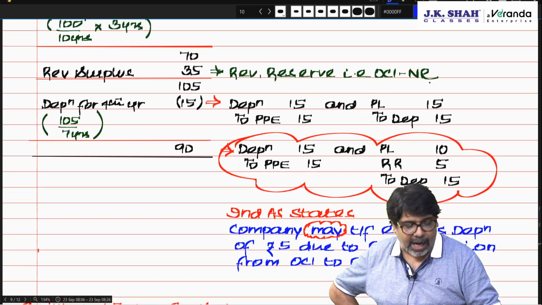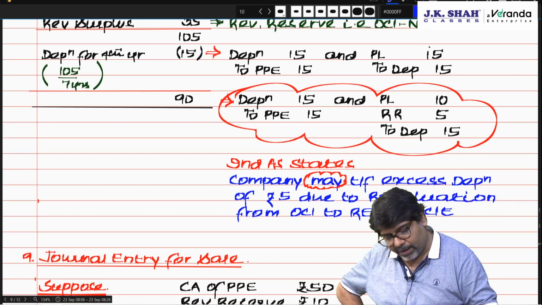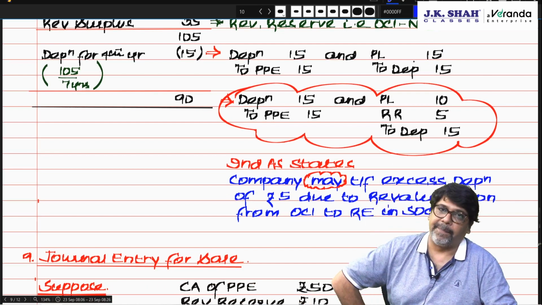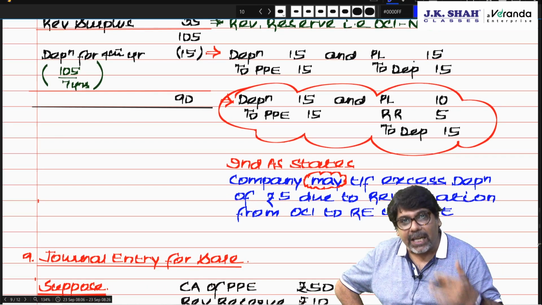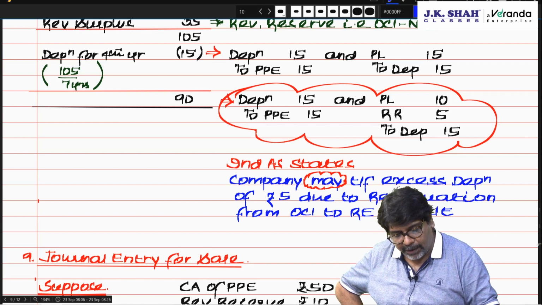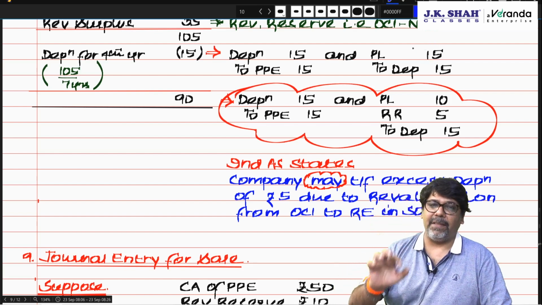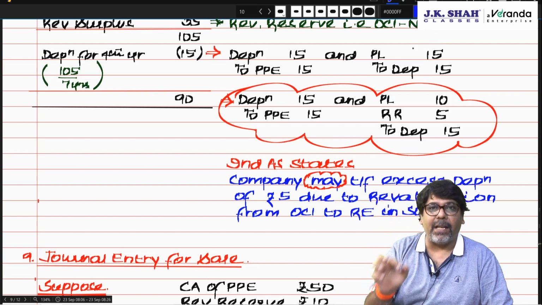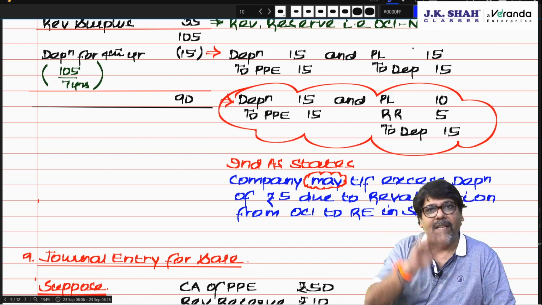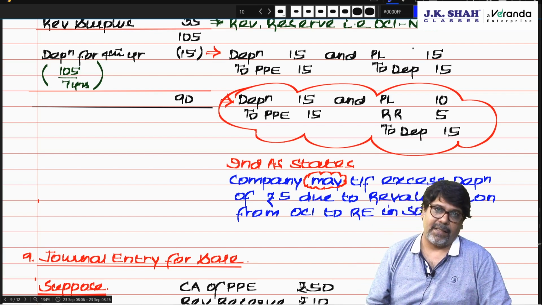So earlier how much used to go to PNL? 10 rupees. Now how much will go to PNL? 15. Now some of them argued that if due to revaluation excess depreciation is going to PL, profit available for distribution of dividend is decreasing. Yes.